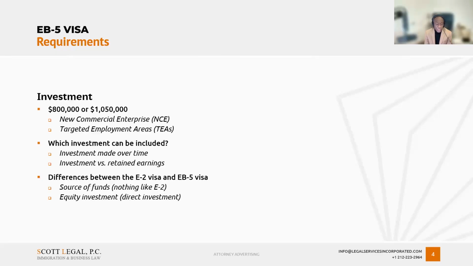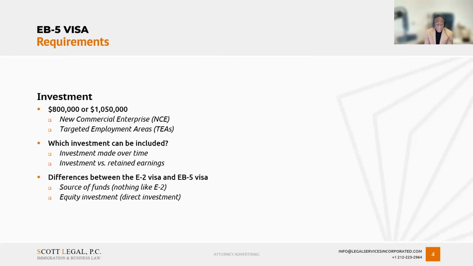Whereas for E2, for the most part, depending on which country you're applying from, we don't provide that much information related to source of funds. It's much lighter than EB-5.